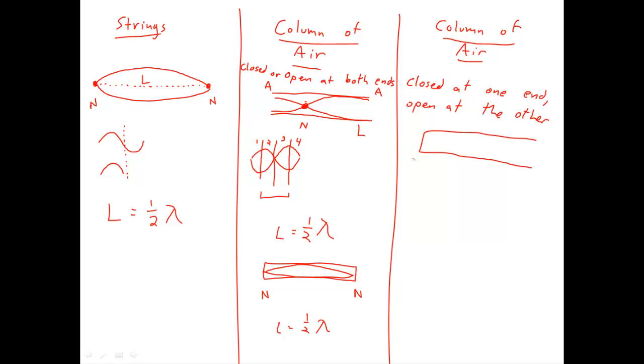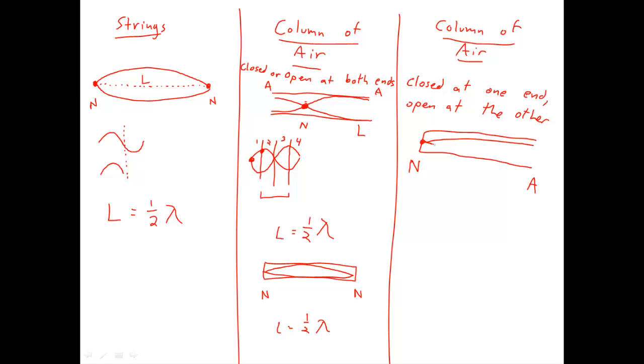Well, remember, closed ends have to be nodes, open ends have to be antinodes. Looking at my wave back over here in this column, here's a node. The closest antinode is right here. That's actually only a quarter of the wave, from right here, just like that.